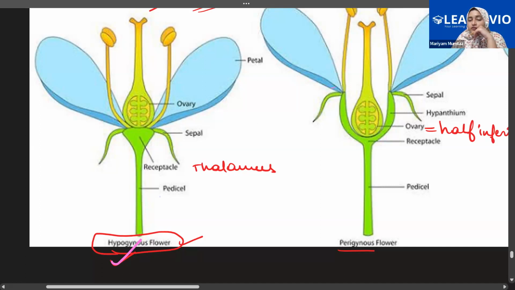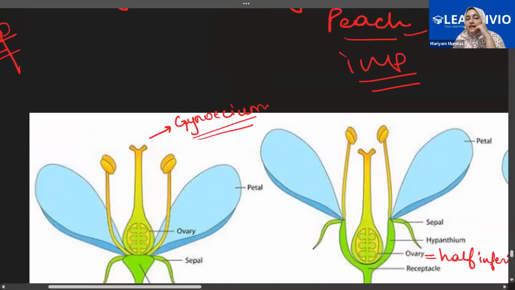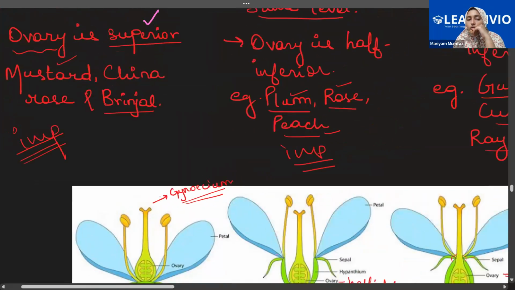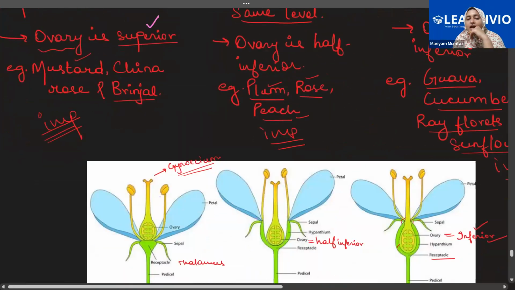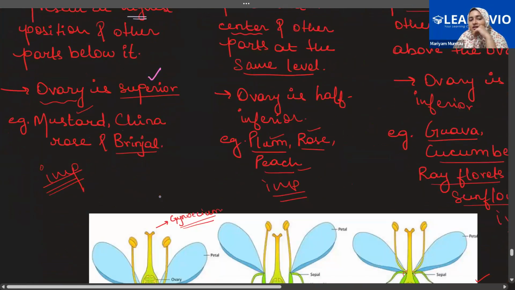So this kind of ovary, wherein it is above any other part of the flower, we'll call hypogynous. And the examples are mustard, China rose, and brinjal. Do you people know what China rose is? You know it. You just don't know that it is called China rose.